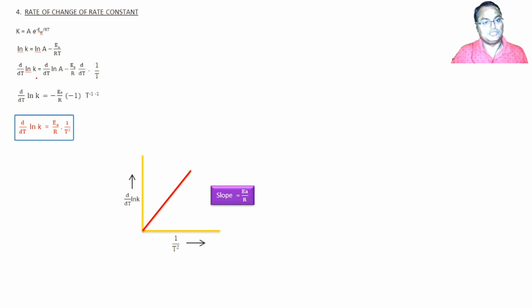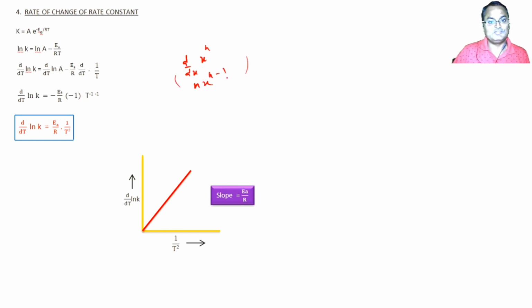This becomes d upon dt log K, and this is d upon dt log A minus, this is a constant value, so put T here, minus E upon R d upon dt of 1 upon T. Now d upon dt log A, because A is constant, this becomes 0, and this is minus E upon RT. And the differentiation of x to the power n may be written as n x to the power n minus 1, right?